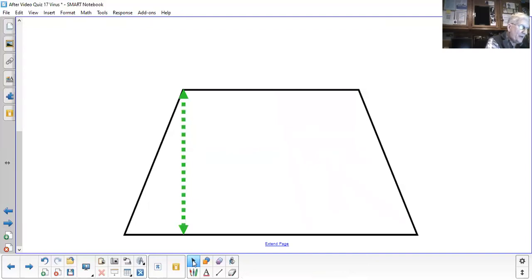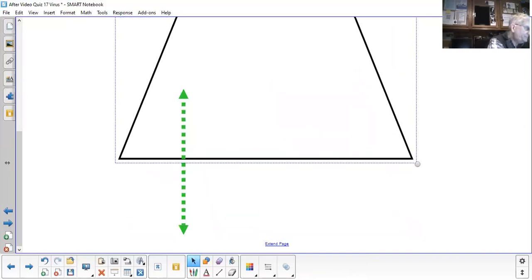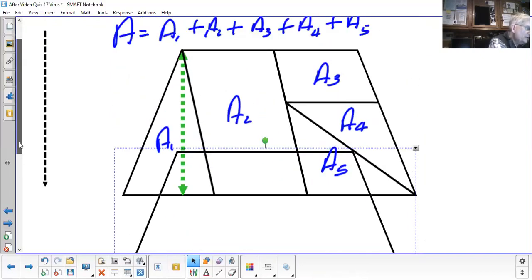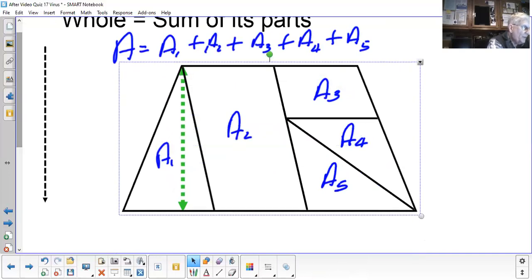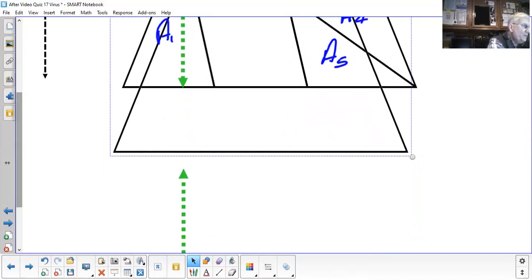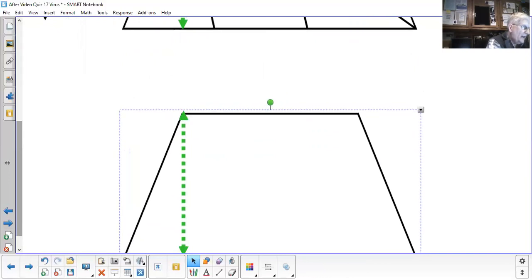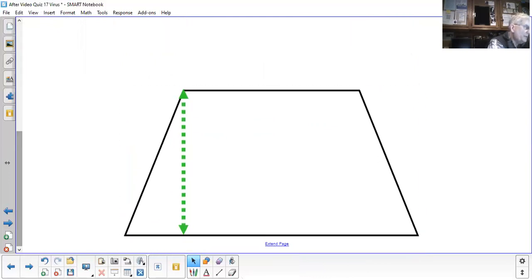If I turn this trapezoid on so that I can move it, I'm going to move it up. And I want you to notice that that trapezoid is exactly the same size as the one we had in pieces. So the answer to these two would have to be exactly the same, because I have the parts and the whole has to be equal to the sum of the parts. Therefore, that would give us a correct answer.